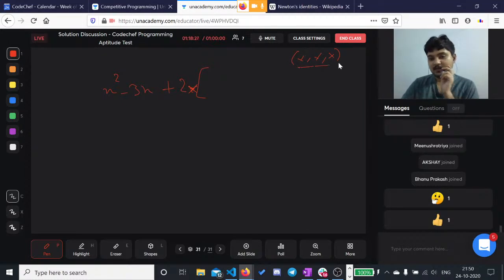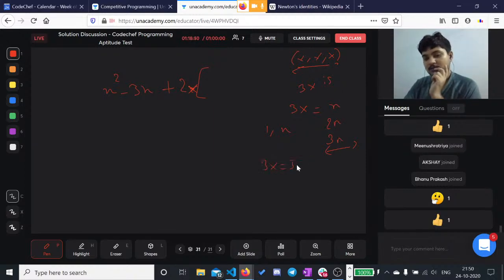So if this triplet is divisible by n, that means 3x is divisible by n, and if 3x is divisible by n, then 3x can be n or 2n or 3n, because x is from 1 to n, so 3x cannot be greater than 3n. So 3x equal to 3n, you have one possibility. 3x equal to n and 2n will be possible only if n is divisible by 3.